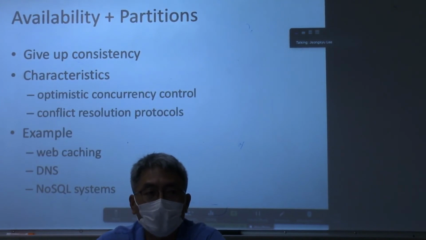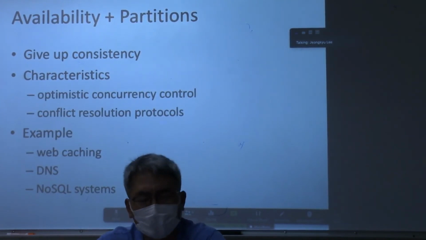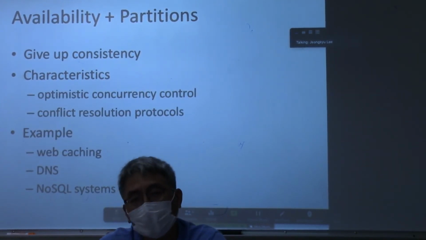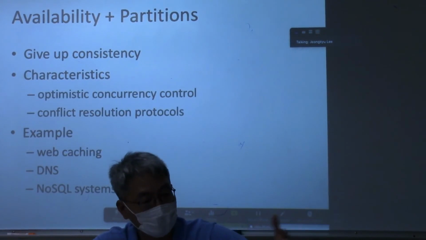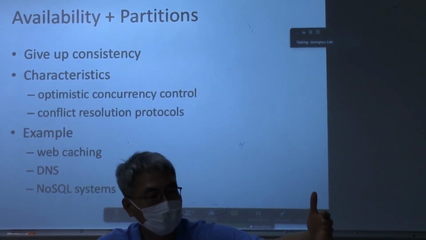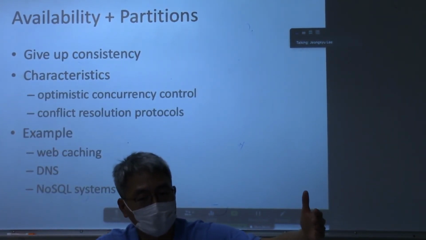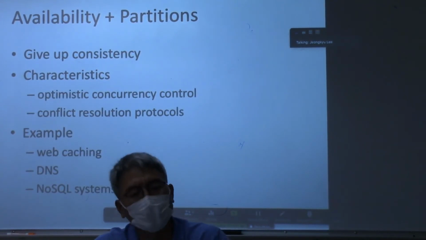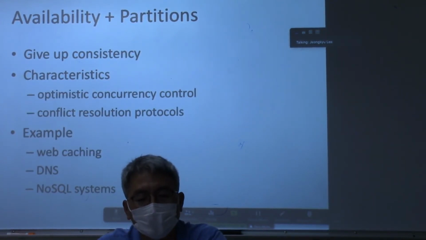Okay. The last one is availability plus partition, which means we give up the consistency, not entirely. As we have seen at the beginning, it's eventually consistent. It takes time to synchronize and reach consistency, but it's not strict consistency.